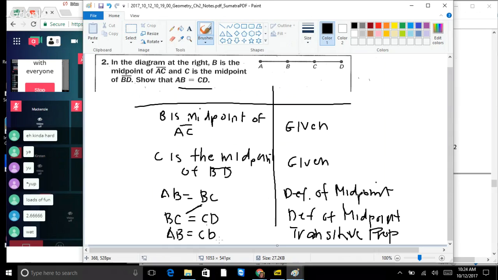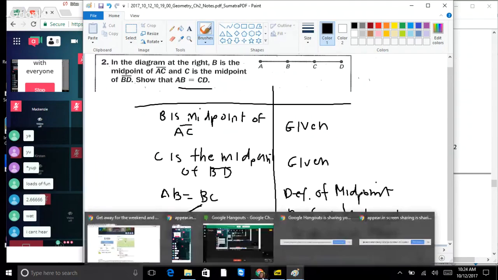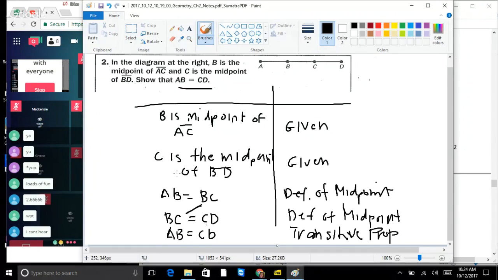So I think you have enough to cover everything, but there's a couple examples in there. Okay, so let's keep going.